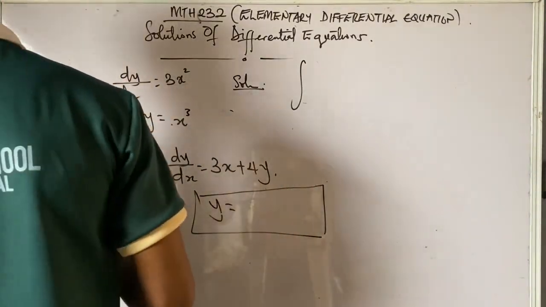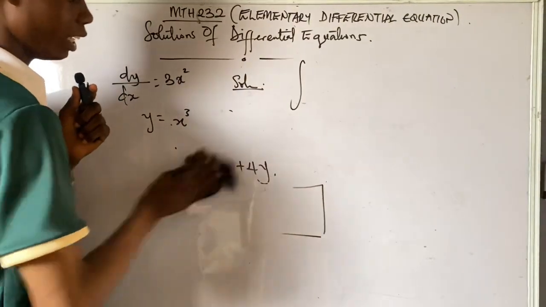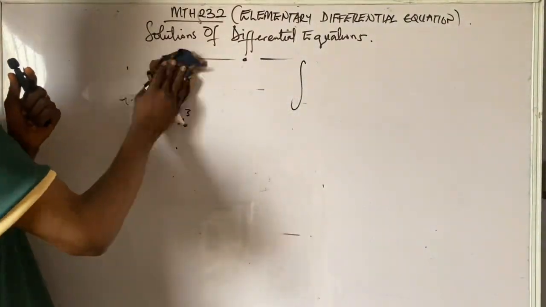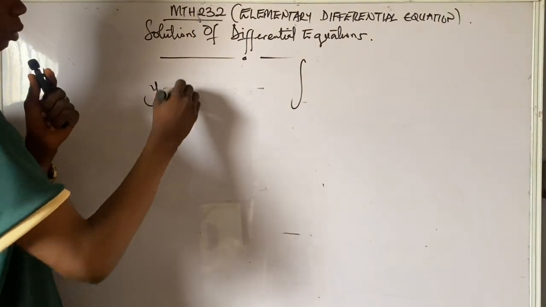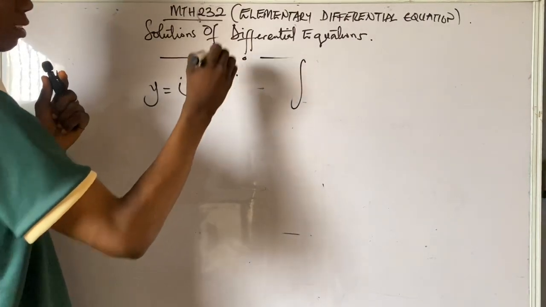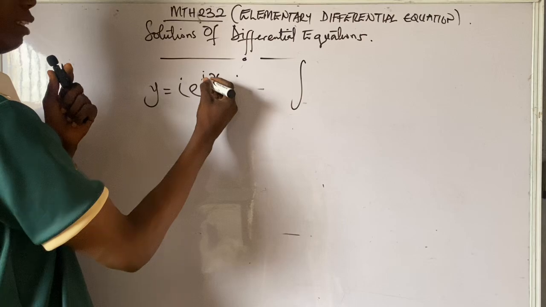Now, let's look at the differential equation and the two types of solutions we might have. If y is equal to i e raised to power ix, this is a complex number. Complex numbers will always have i.